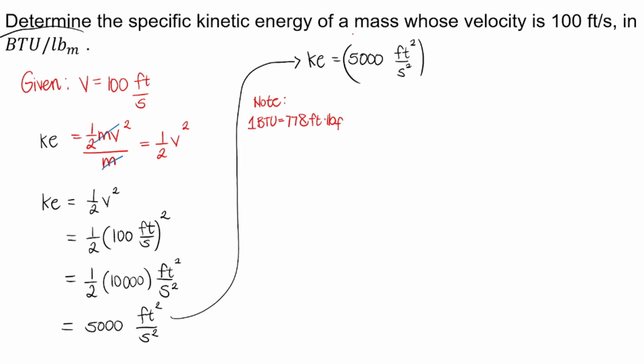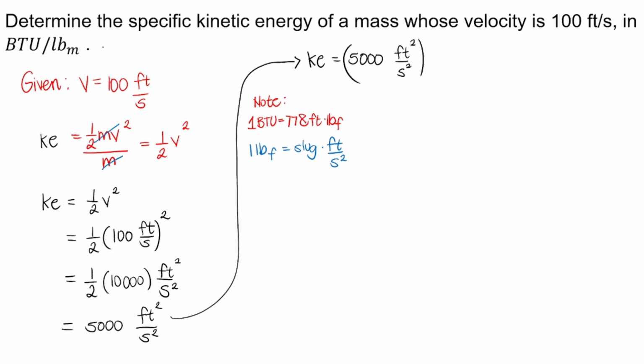So, kailangan dumaan muna tayo sa foot-pound force para ma-convert natin siya sa BTU. And we need also yung unit ng mass na pound mass. So, ang pwede natin gawin, we can multiply it to the factor. Remember that to generate 1 pound of force, we need 1 slug times feet per second squared.